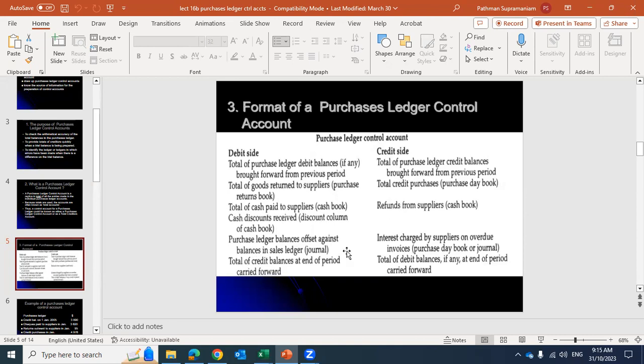If it's a credit balance, the balance carried down is put on the debit side, and we bring the balance down to the credit side. On the other hand, if we have a debit balance at the end of the month, the balance carried down is recorded on the credit side and brought down to the debit side.